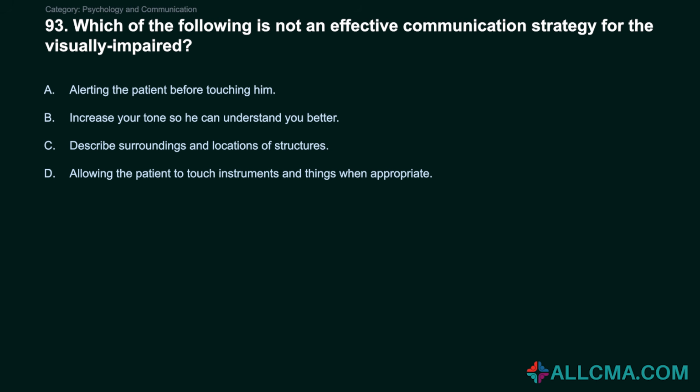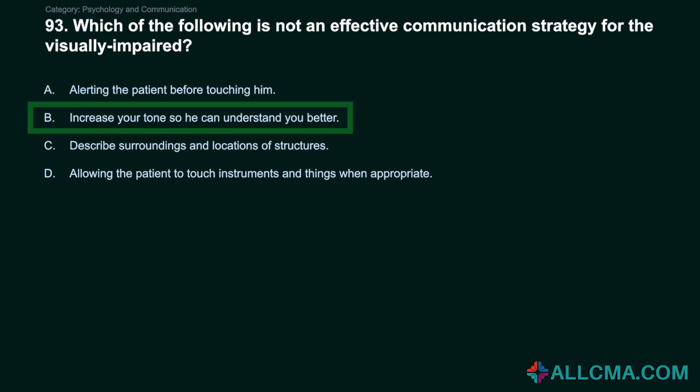93. Which of the following is not an effective communication strategy for the visually impaired? A. Alerting the patient before touching him. B. Increase your tone so he can understand you better. C. Describe surroundings and locations of structures. D. Allowing the patient to touch instruments and things when appropriate.